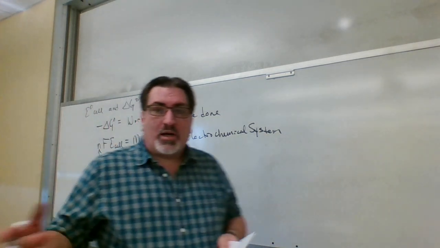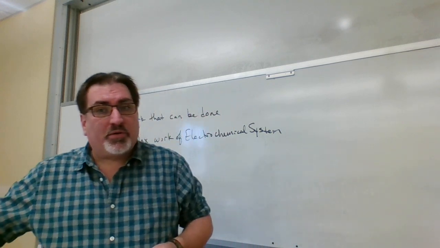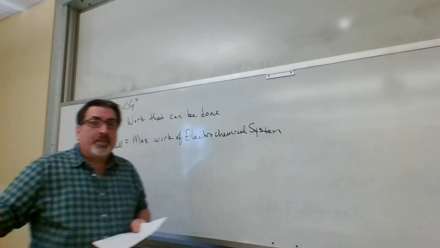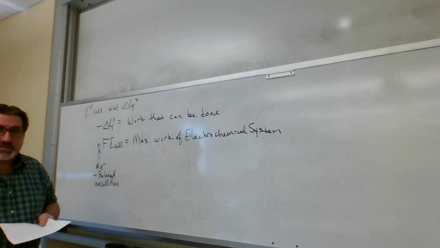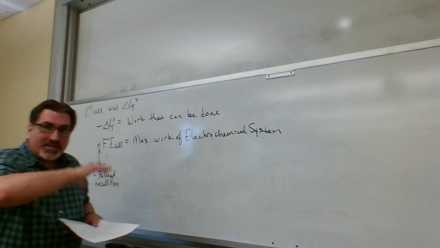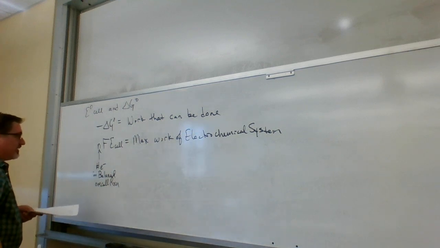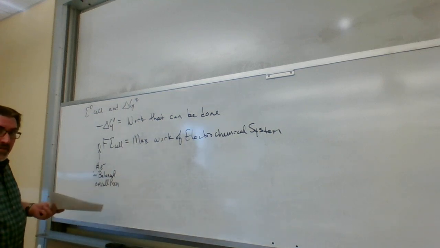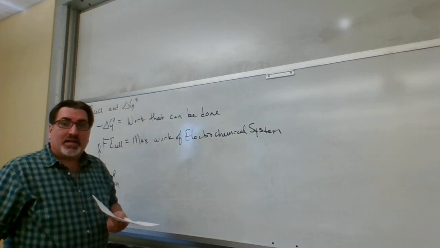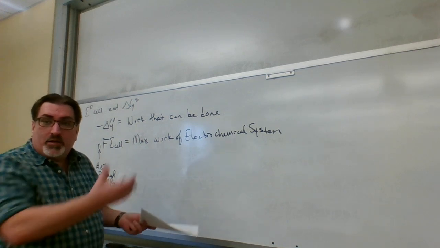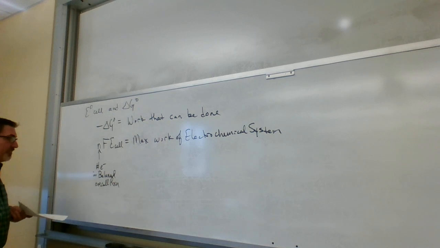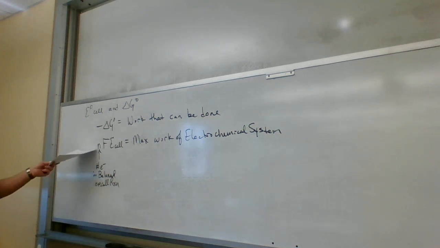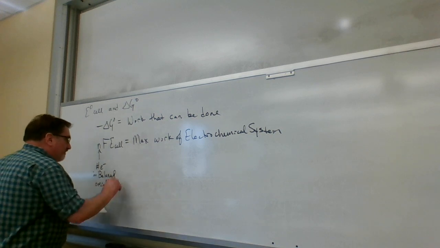So it's not just the 1 electron or 2 electron stuff that we look up in the book when we look up our E zeros. It's after we balance the reaction, how many total electrons were transferred in the process. It might be 1, it might be 2, it might be 3. Sometimes it's a lot more than that. Sometimes it's a 6 electron process. We balanced a reaction a little bit ago where we had 6 electrons in our balanced setup. That's the n that goes here, the number of electrons in the balanced reaction.